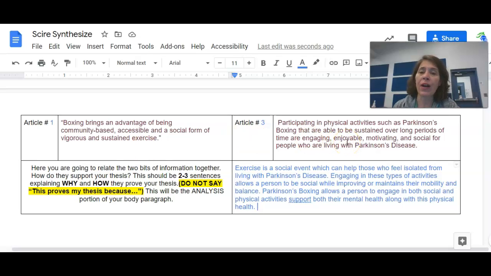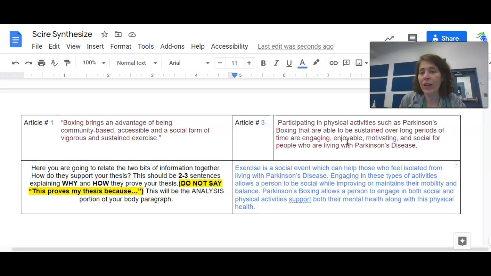And my paraphrase, participating in physical activities such as Parkinson's boxing that are able to be sustained over long periods of time are engaging, enjoyable, motivating, and social for people who are living with Parkinson's disease. My topic sentence for this paragraph is that exercise assists with mental health for people with Parkinson's disease. So I'm going to take both of these ideas, put them together. I'm going to synthesize them. I'm going to explain how and why this proves my thesis.